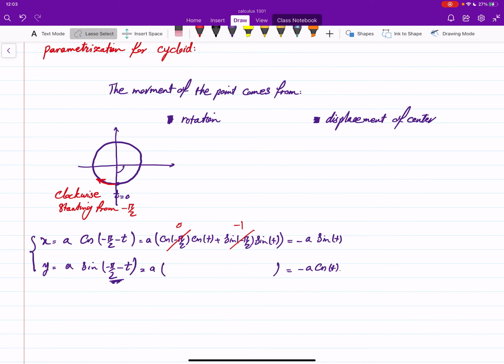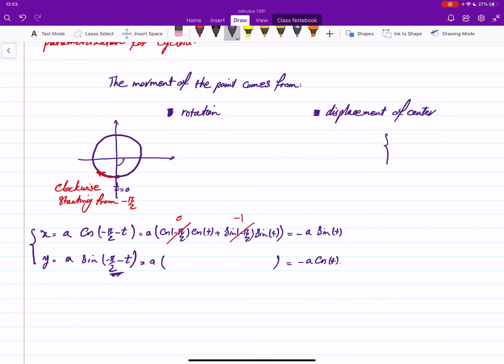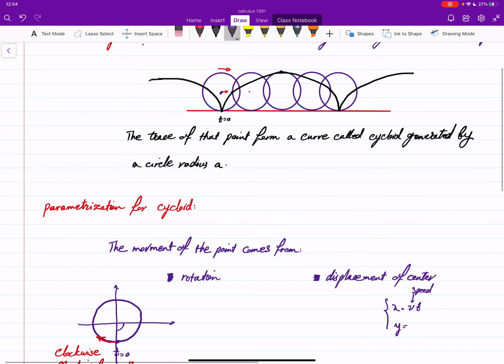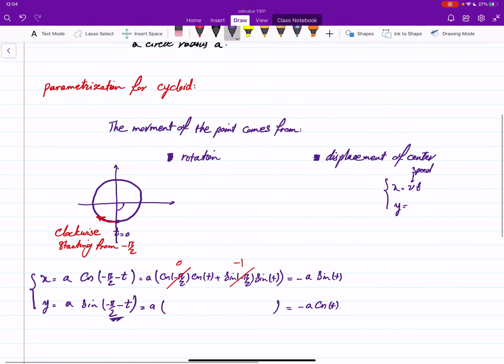So that means that x is going to be the speed times t, and y always stays at the same height, always a. Now, the important thing is what that speed is, because we already have a parametrization for the rotation part.